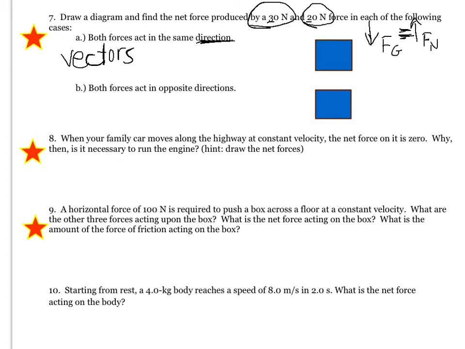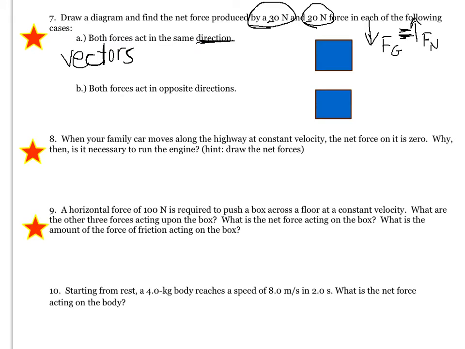So if I push on this box and one of the forces is 20 newtons and one of the forces is 30 newtons, I'm going to have a net force. Any force that is in the same direction can be added together. So my net force, F sub net, equals 50 newtons.